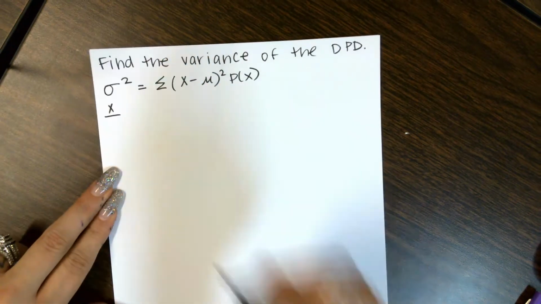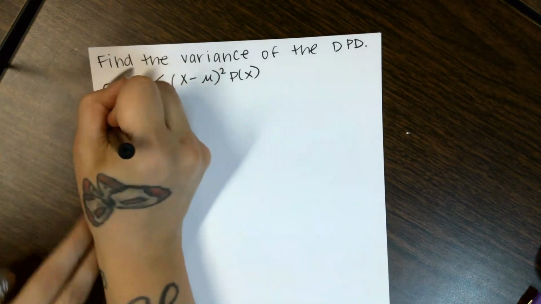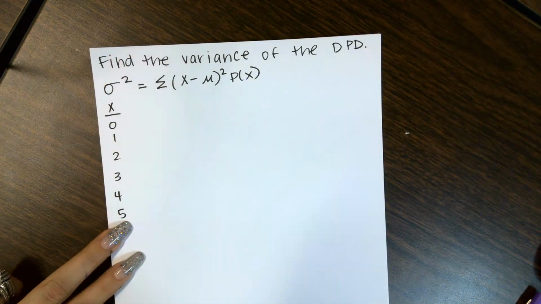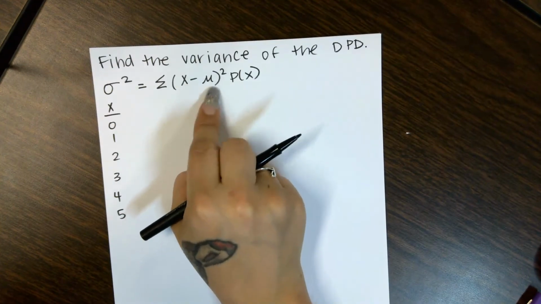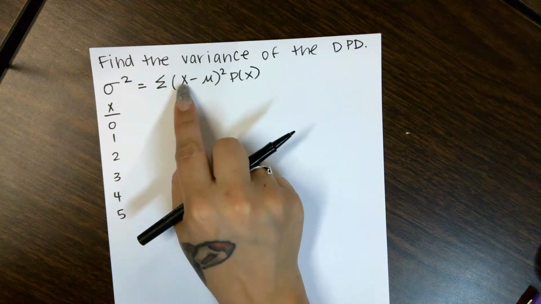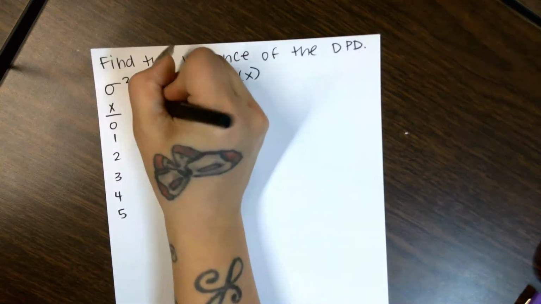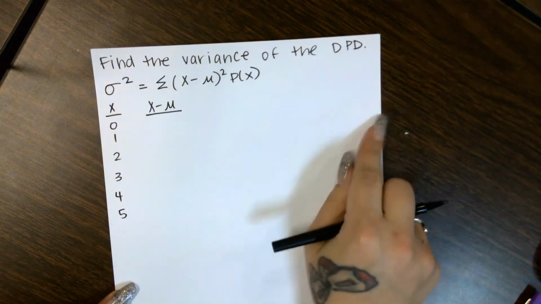So I know I'm going to need my x's, which is 0, 1, 2, 3, 4, 5. And then looking at what I would do next, I'm going to do the difference of each x value, subtract the mean. So that's what I write here. I'm not going to do the work yet. I'm writing everything down. Okay.